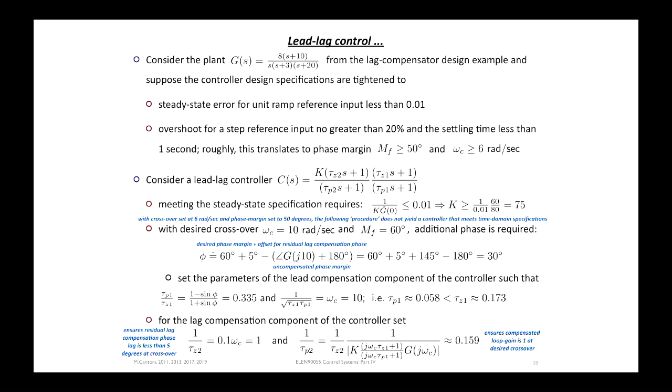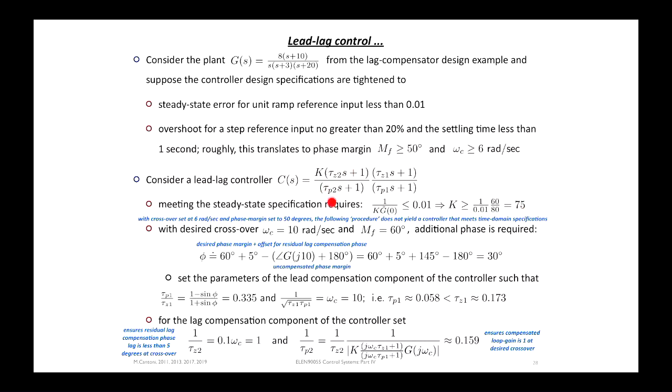All right. So that fixes these two parameters. We're still left with all of these, right? So how do we go about choosing these? Well, we could try setting K to be 75, right? Because that'll meet our steady state specification.